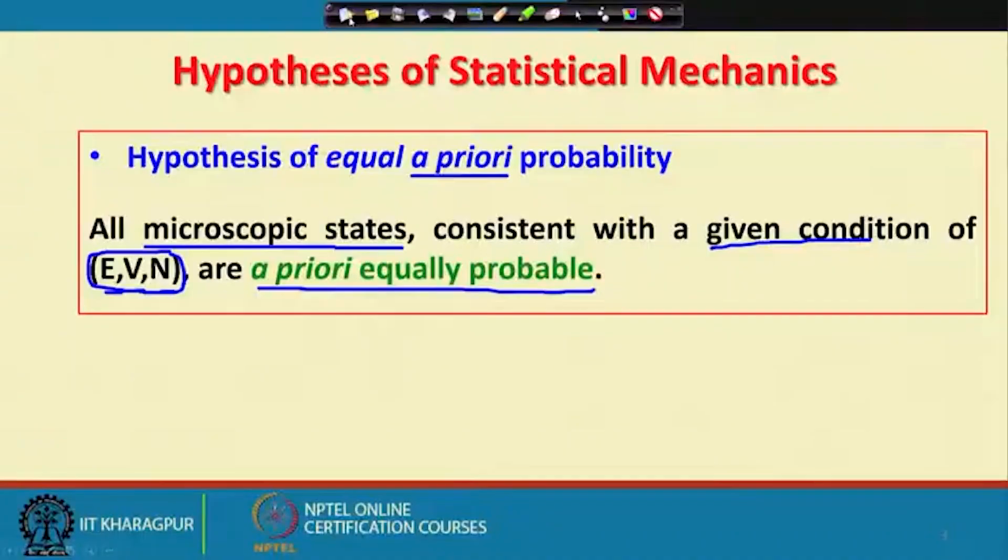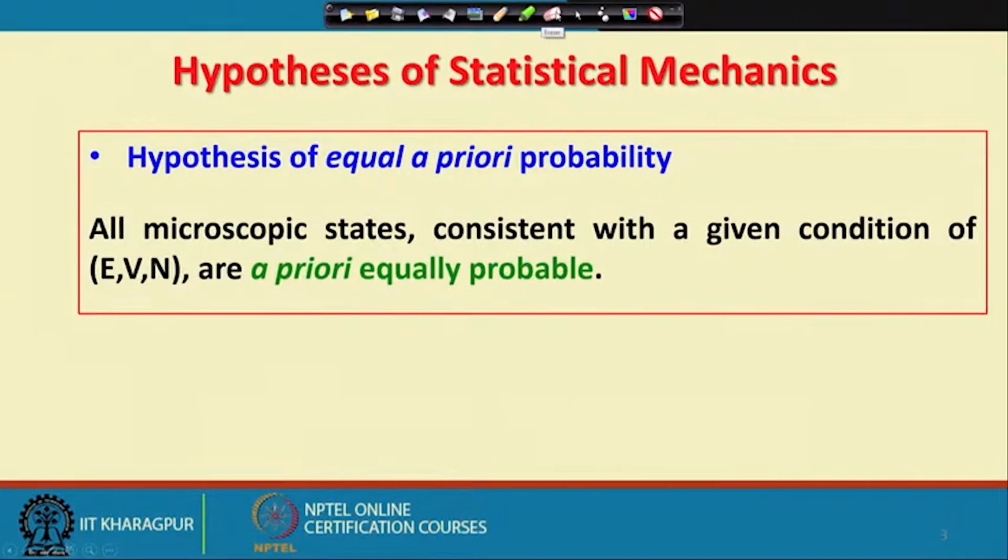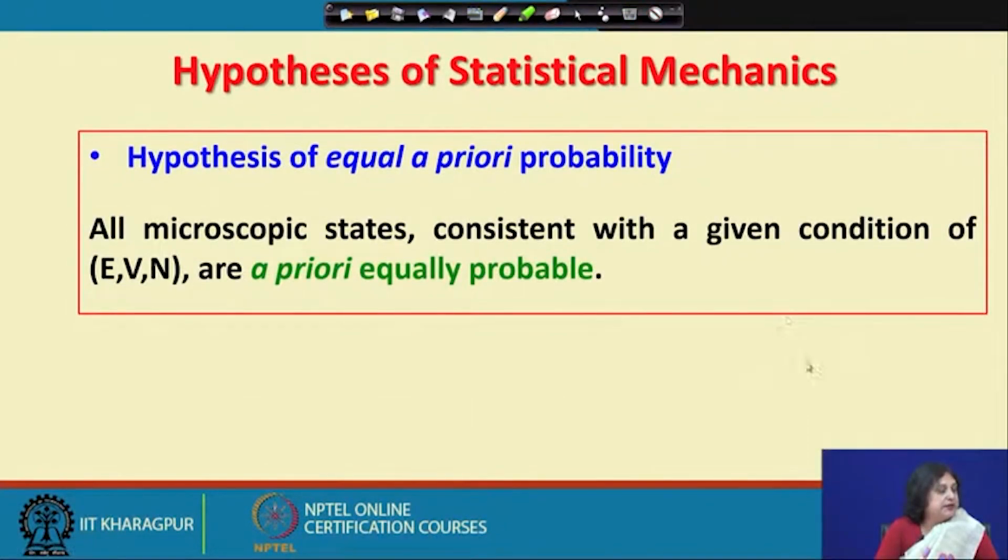Once again, let me remind you that this is a hypothesis. It cannot be proved. Later on we can try to understand why it is a justifiable hypothesis, but we can never prove it.